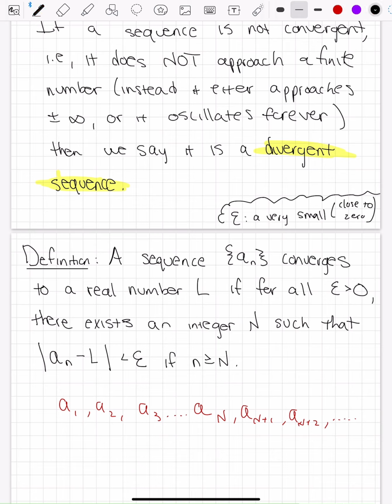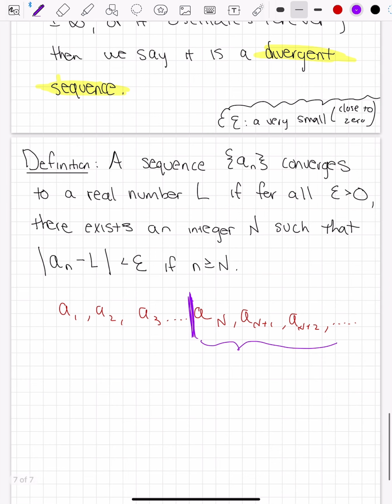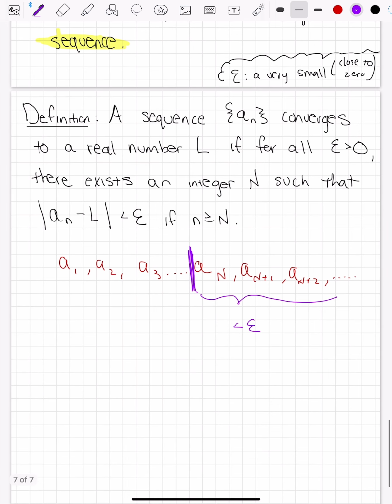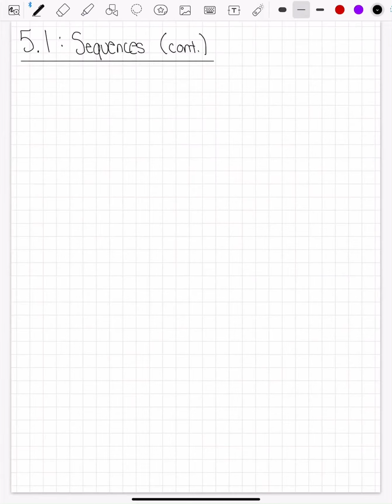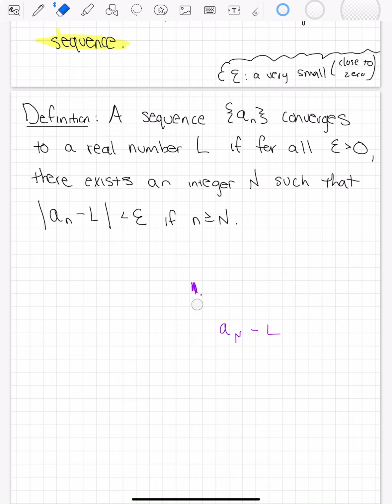Once I reach this point in my sequence, all of these points, the difference between them and the limit is less than epsilon. So there's a certain point where I'm close to the constant L that I'm approaching. That'll make more sense when I do a concrete example, I promise.